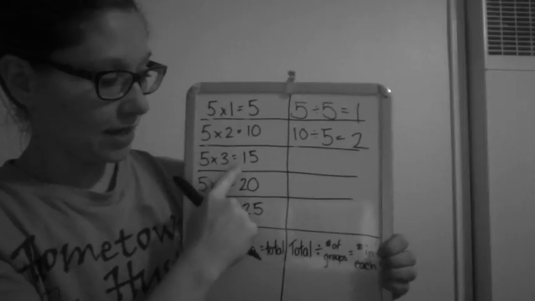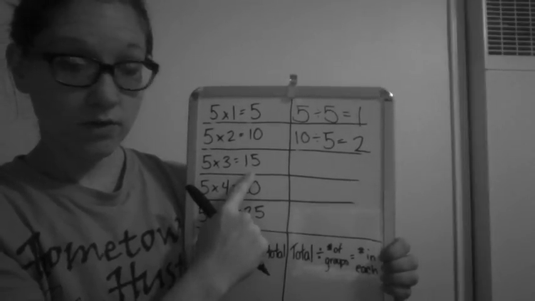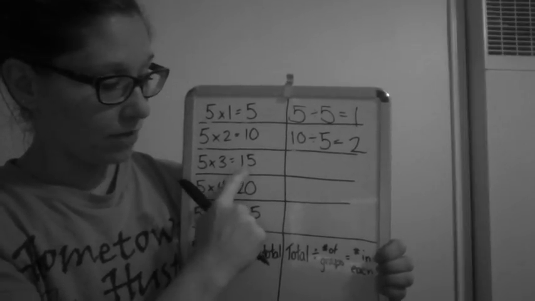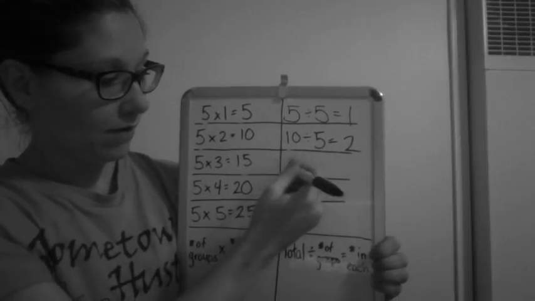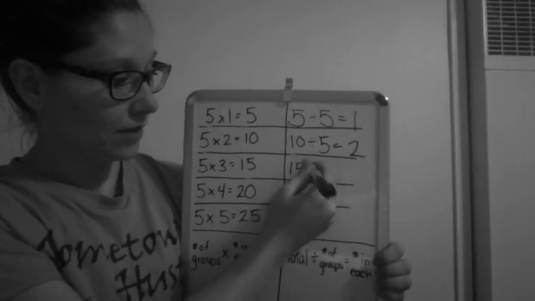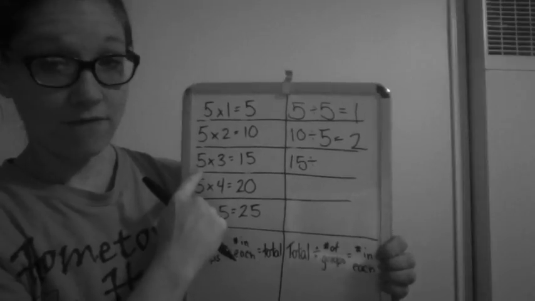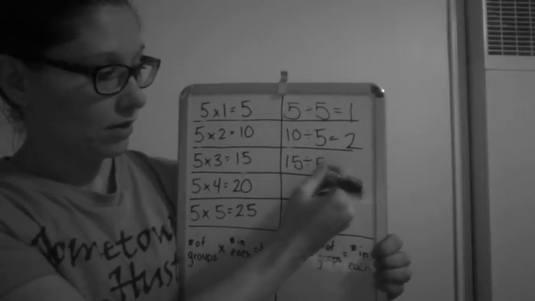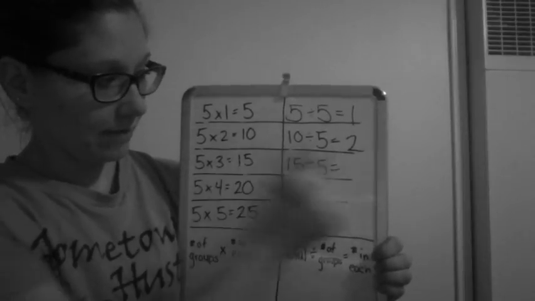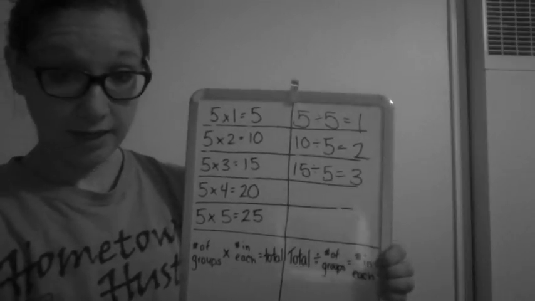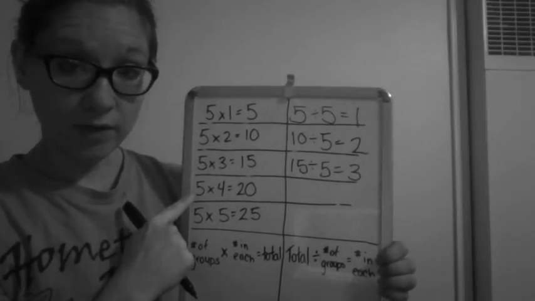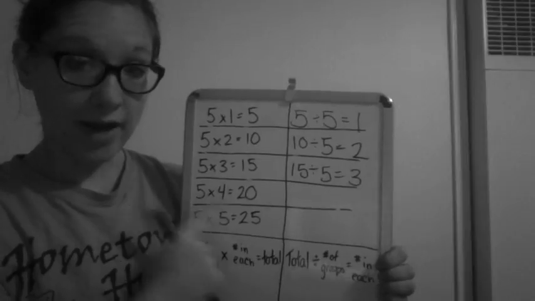5 times 3 equals 15. So that means if I switch it around and I start with my total, 15 divided by, I've got 5 groups, equals 3. Okay? 5 times 4 equals 20. Start with your product, your total.